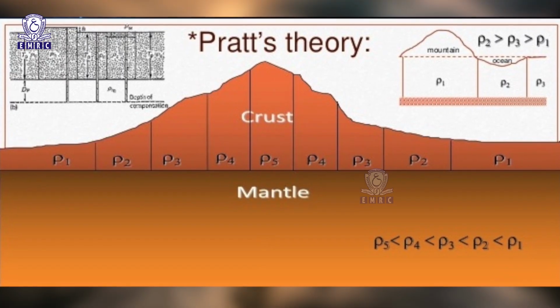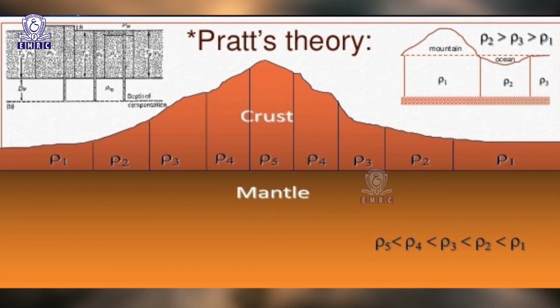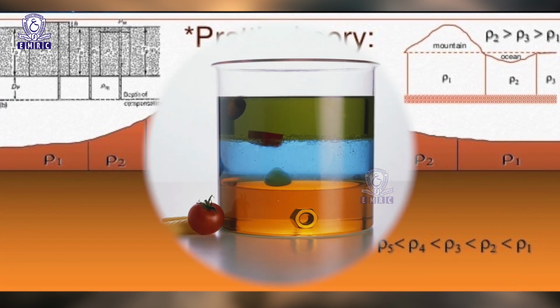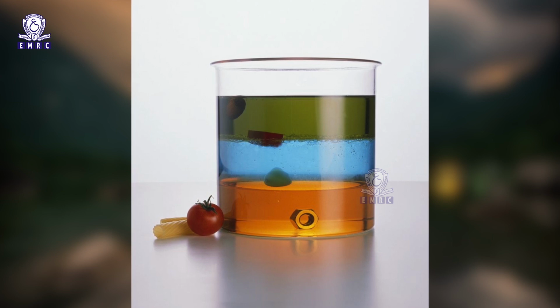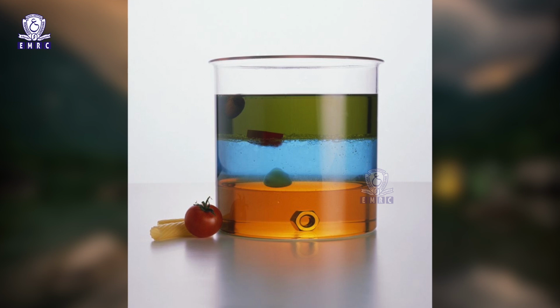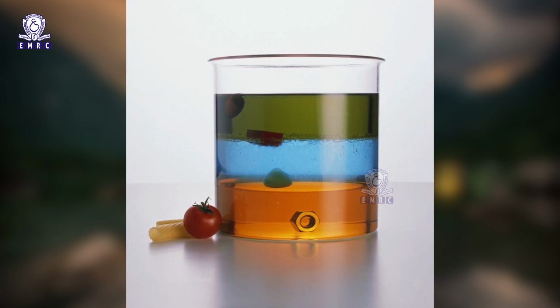The density of higher blocks is lower and that of lower blocks more. Thus, the central theme of the concept of Pratt is uniform depth with a varying density. All the blocks sank into the floating medium by equal depth, but the heights above the unsunk portion were different.